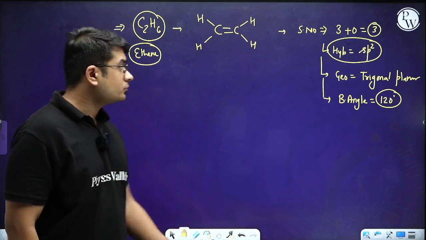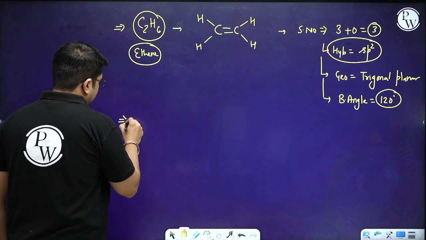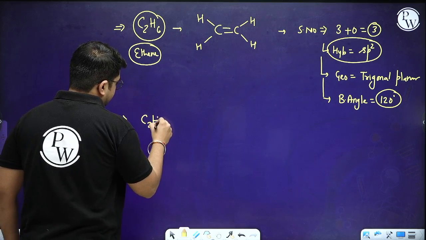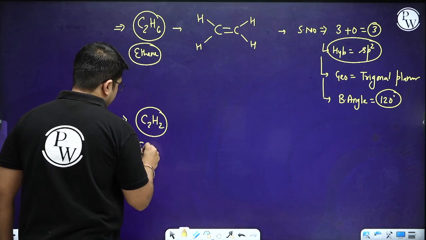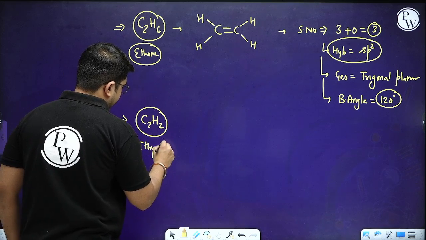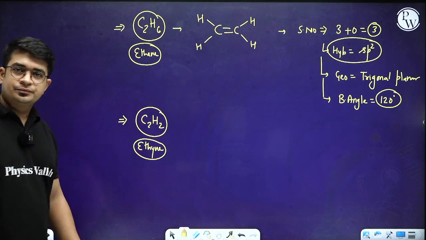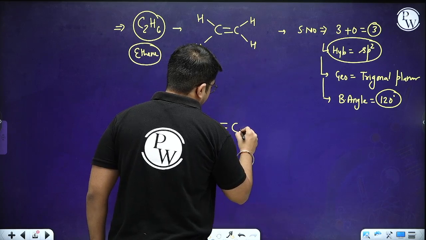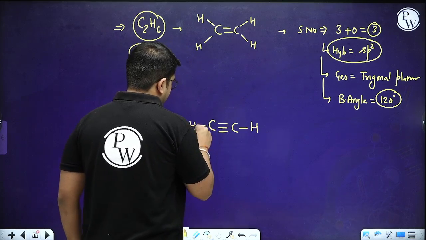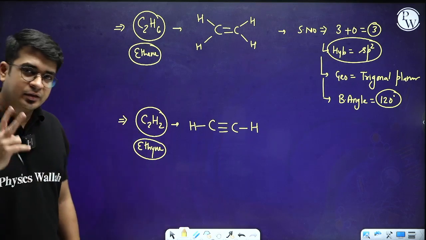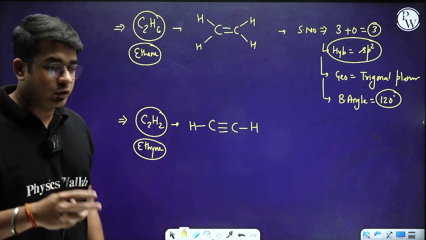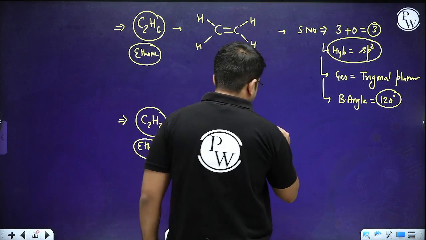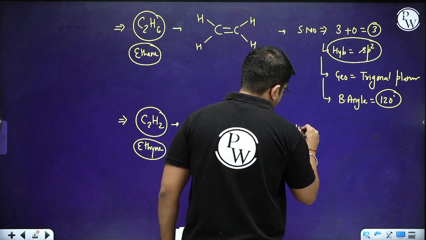Okay. In the same way, if I talk about the next contender, which is C2H2, also known as ethyne. In this particular case, you can see that we have carbon, triple bond carbon, H and H. So carbon can form single bond, carbon can form double bond, carbon can form triple bond. So in this particular case, again you can calculate the steric number.